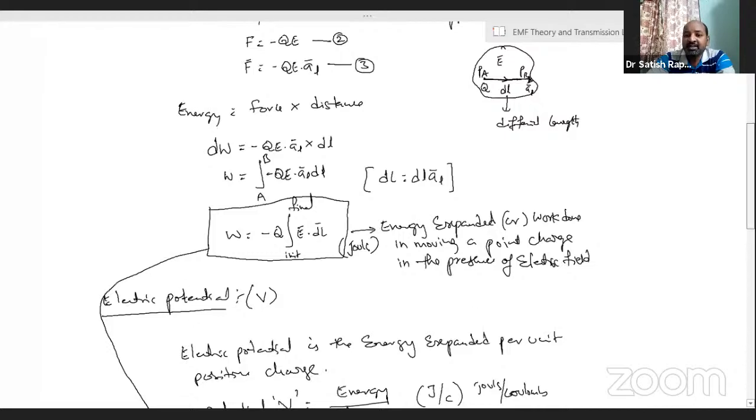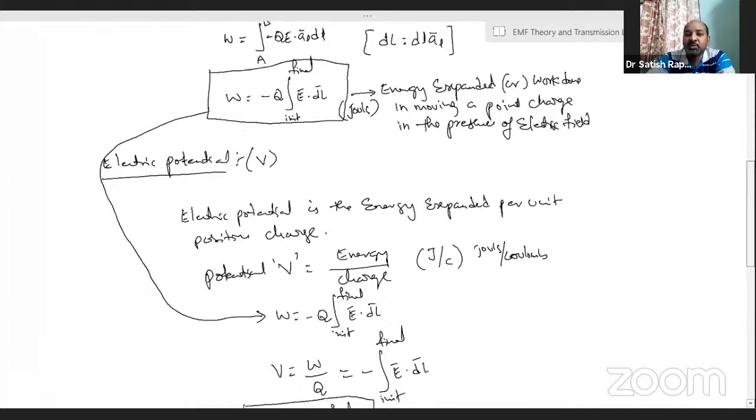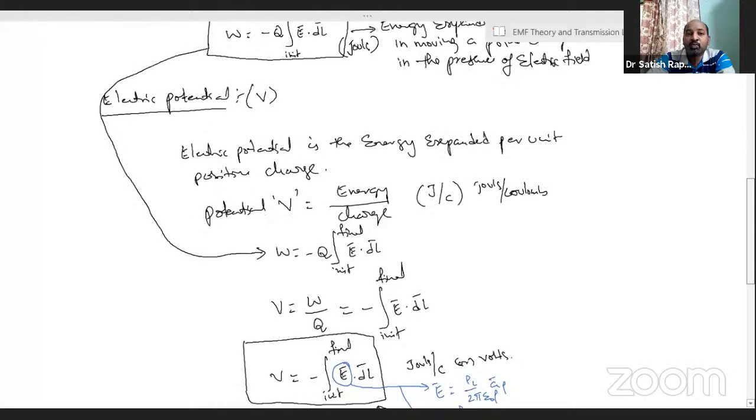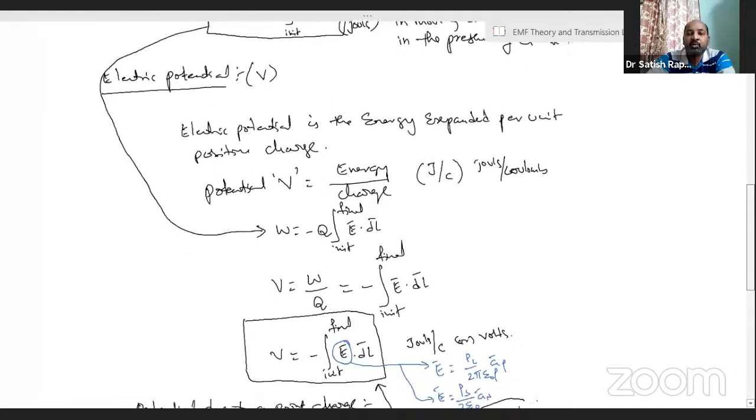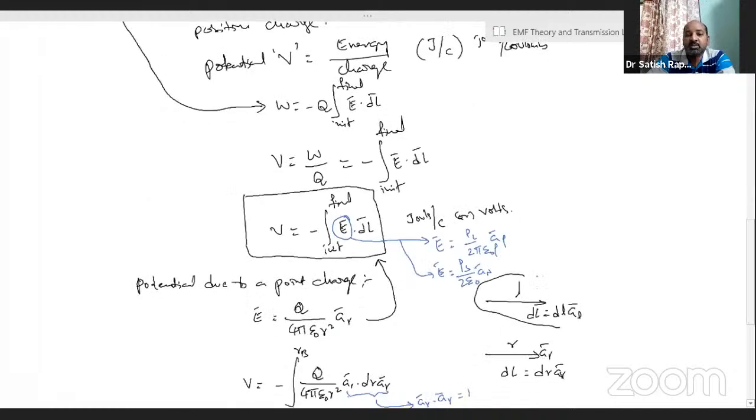Electric potential is nothing but energy spent per unit positive charge. So energy per unit charge, that means W by Q, is the potential, and we have V is equal to minus integral E dot dl. That is potential.